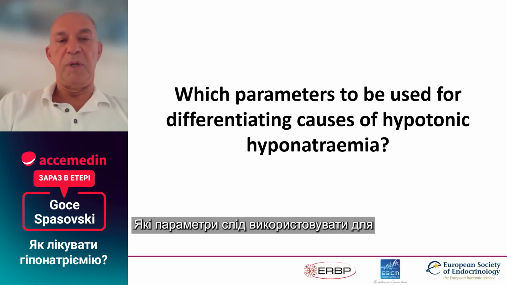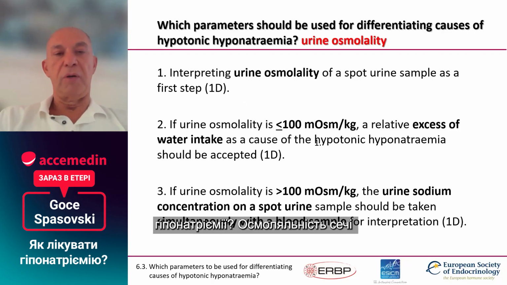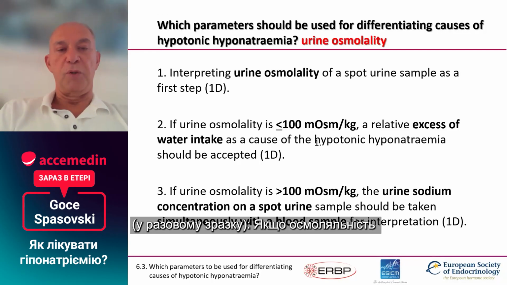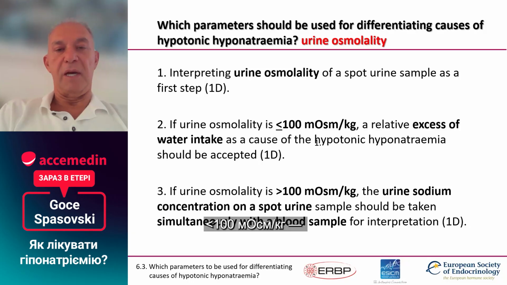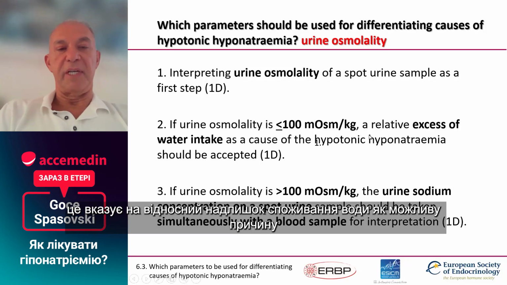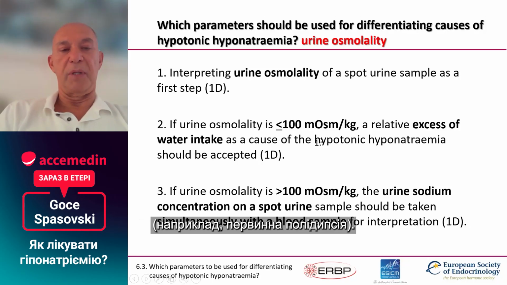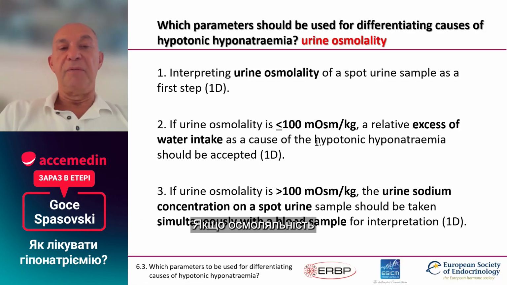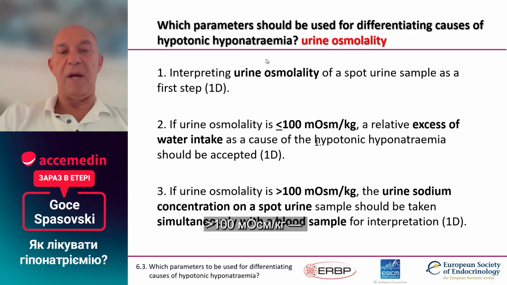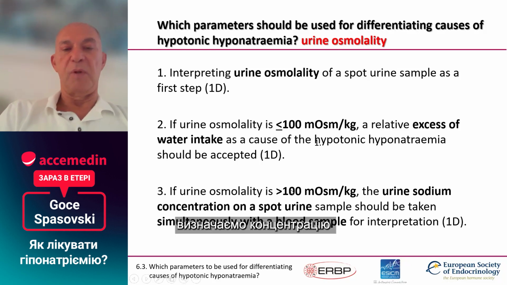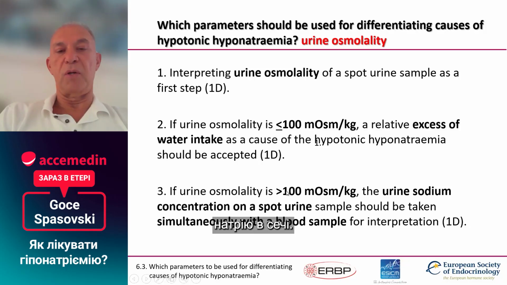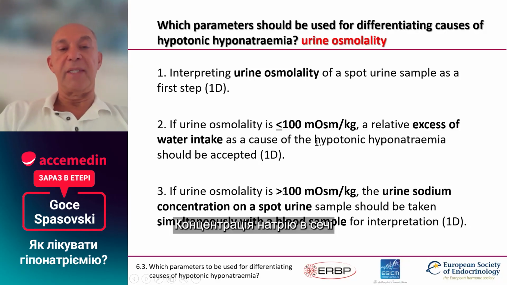Which parameters should be used for differentiating causes of hypotonic hyponatremia? Urine osmolality. In a spot urine, if urine osmolality is below 100 milliosmoles per kilogram, relative excess of water intake should be accepted as a possible cause of the hypotonic hyponatremia. If the urine osmolality is above 100 milliosmoles per kilogram, then the urine sodium concentration on spot urine should be taken simultaneously with a blood sample for interpretation.